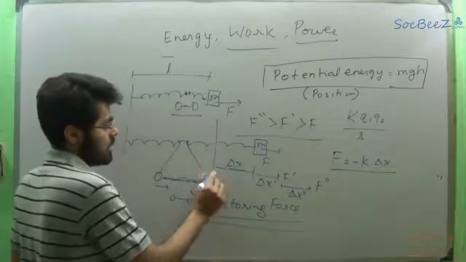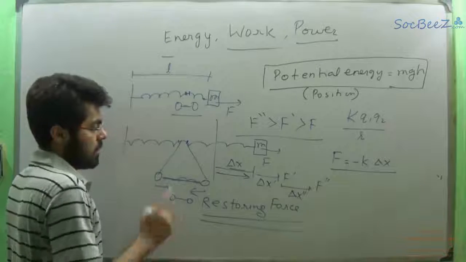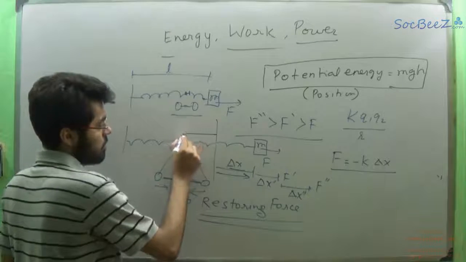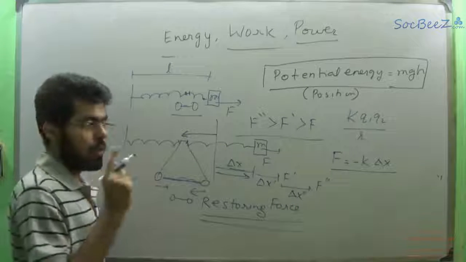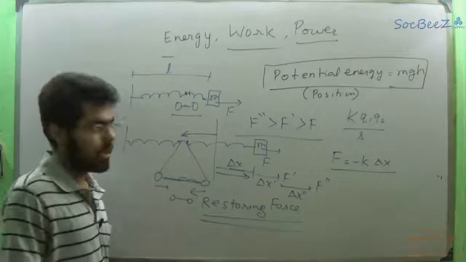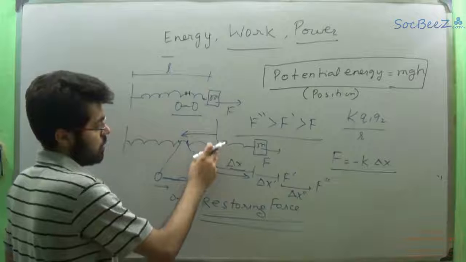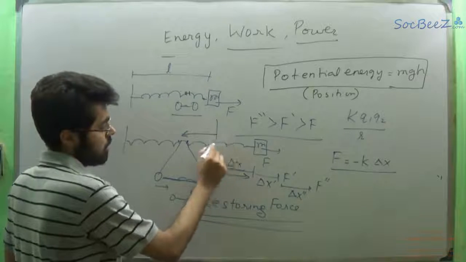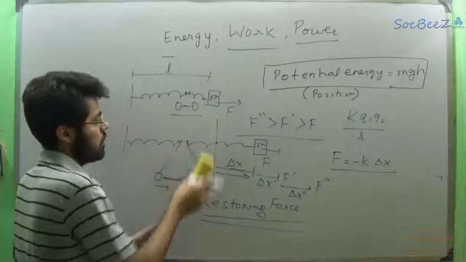You can see very easily that the displacement direction is this. It means the restoring force direction will be this. The restoring force will always act against the external stimulus. The chain is being pulled away, so it will try to come back to the natural position, so it will try to come back to this point. Or rather, I should put this arrow.